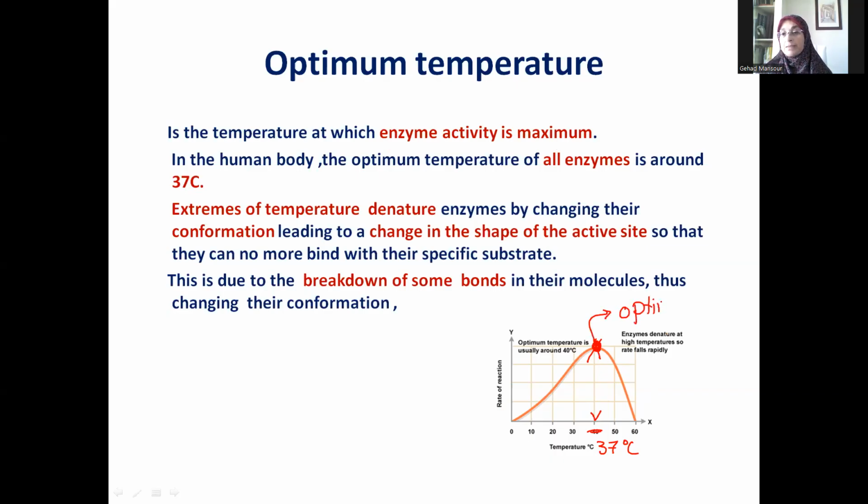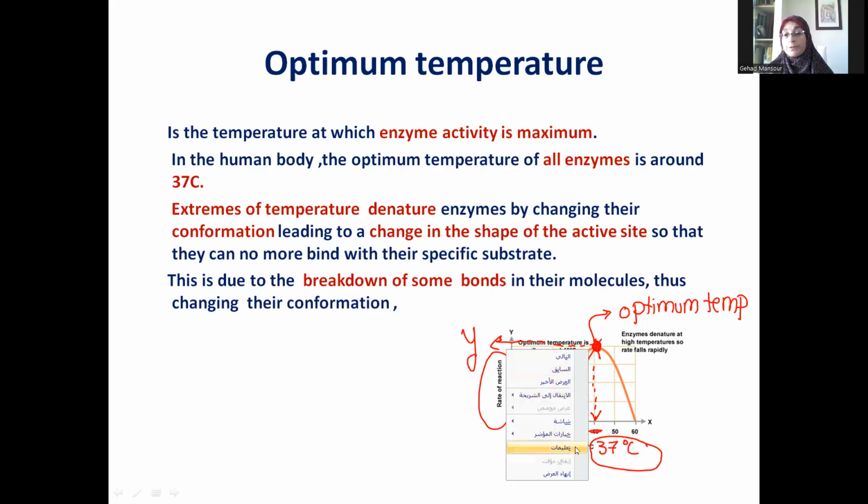It represents the optimum temperature of that particular enzyme in that particular living organism. How can we define the optimum temperature? It is the temperature on the x-axis that corresponds to the maximum Y value. What is the Y value here? It is the rate of the chemical reaction.